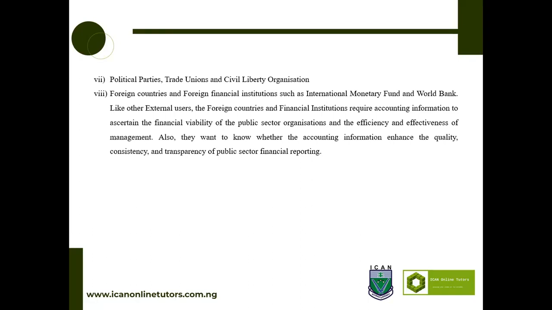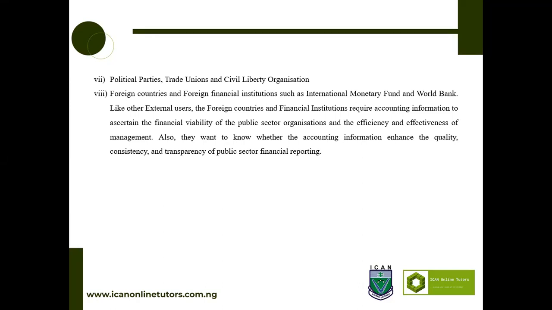We have foreign countries and foreign financial institutions such as the IMF and World Bank as part of the external users. So what is the expectation of foreign countries? It is to look at what has been the development in a country or nation before they can carry out investments in such a country.